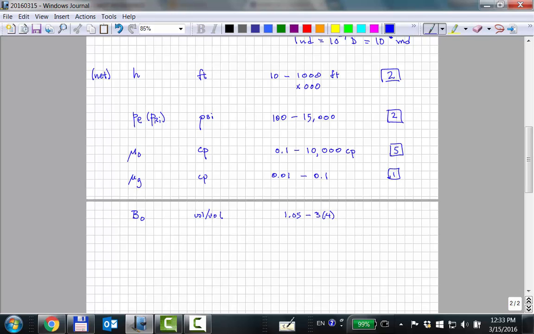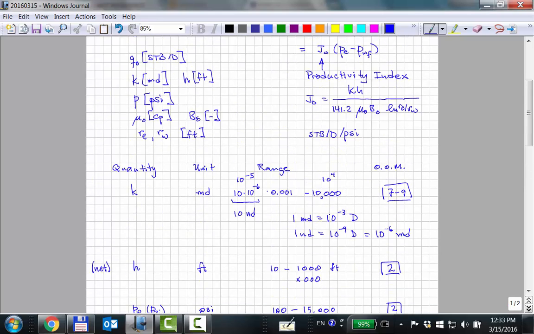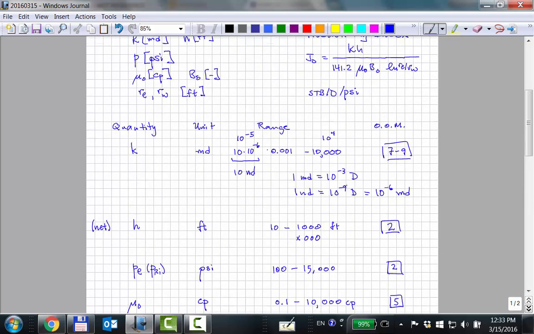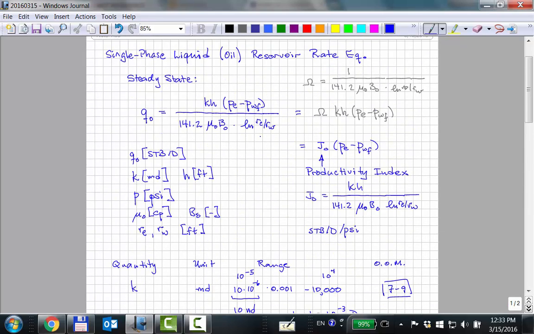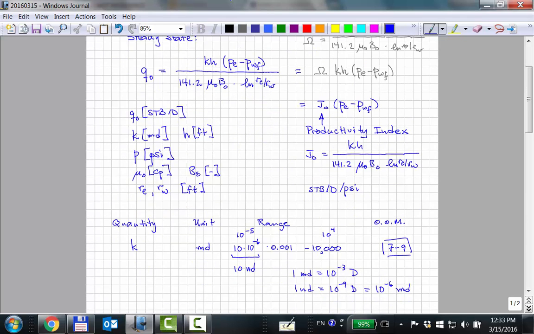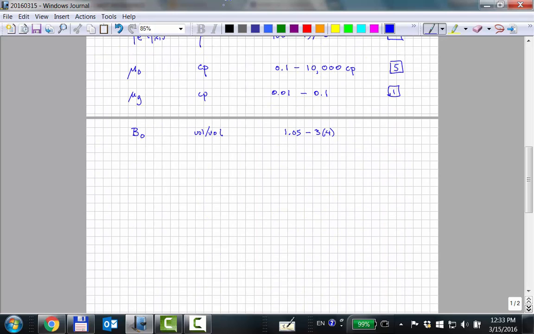Okay. And then we've got RE over RW, but if you look at the rate equation, it's the log of RE over RW, okay? So this also doesn't have units, but if RE is small, it means you have a lot of wells very close together.